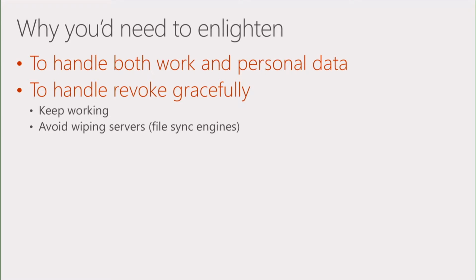We actually wipe the files on a phone after a selective wipe occurs to free up that space. If your file sync engine thinks that that's a user action, takes that delete, applies it in the cloud, and then applies it to all your devices, you just had a cascade delete of somebody's data. You will not be appreciated for that. Your app will not get on the allowed list.